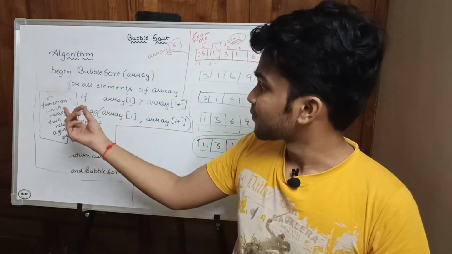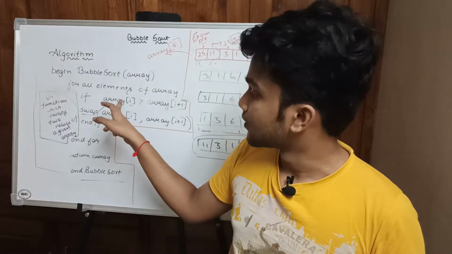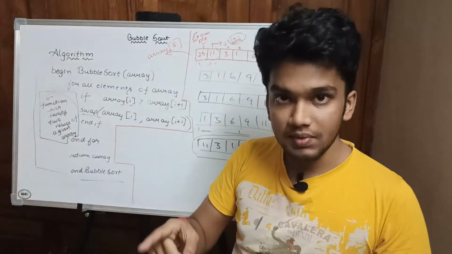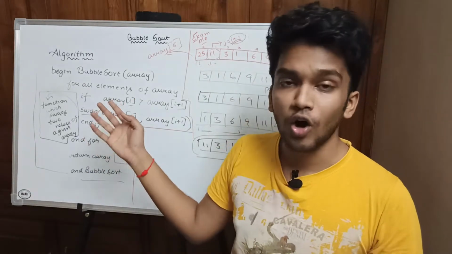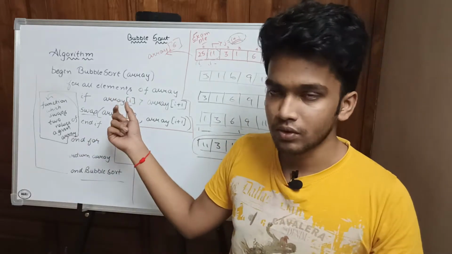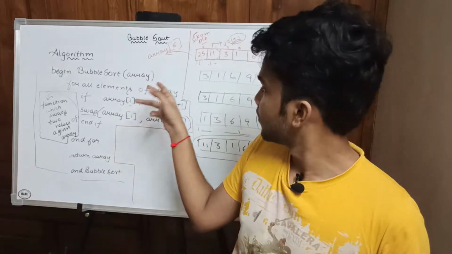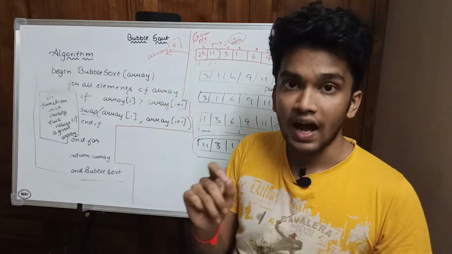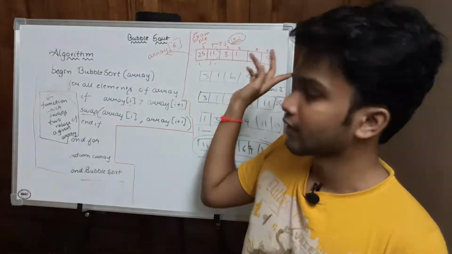Then we will check if array of i, here the array name is array. Don't get confused, the array name is array, or else you can take capital A of i, anything, the name should be good, that's all. i means the element that is present at the ith index, that can be 0, 1, 2, 3, 4, 5.